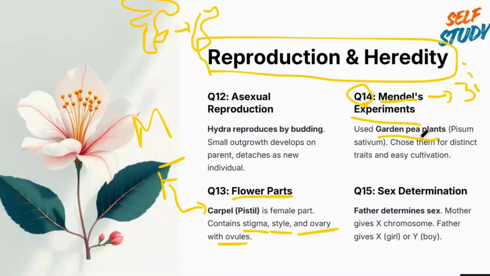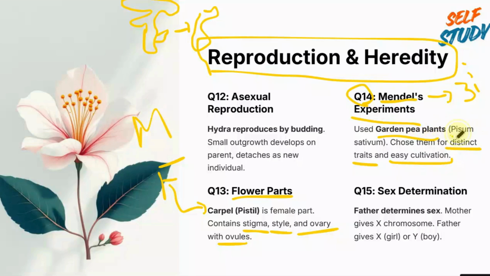Why did Mendel use garden pea plants? Pea plants generally have distinct traits, meaning various variations, which are required for different experiments, and they are easy to cultivate, and pea plants can also be grown at any time of the year.